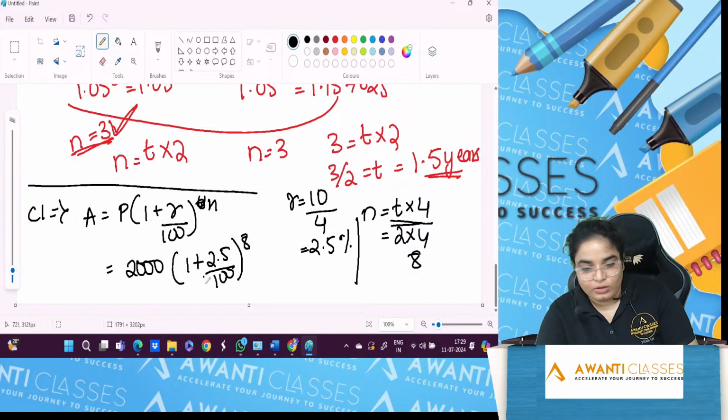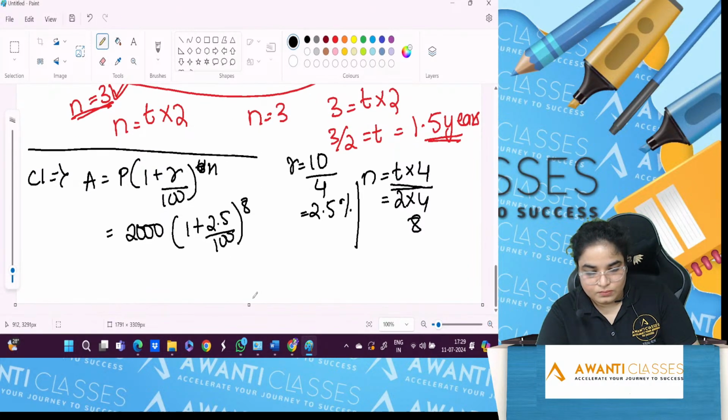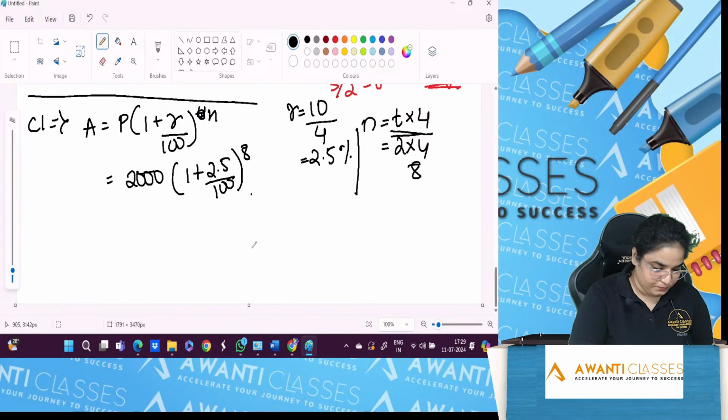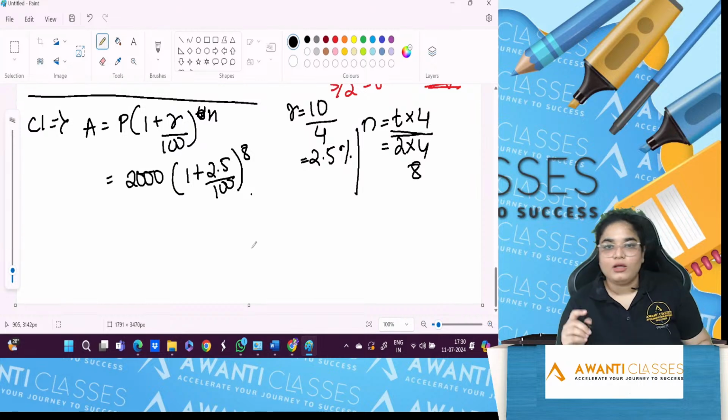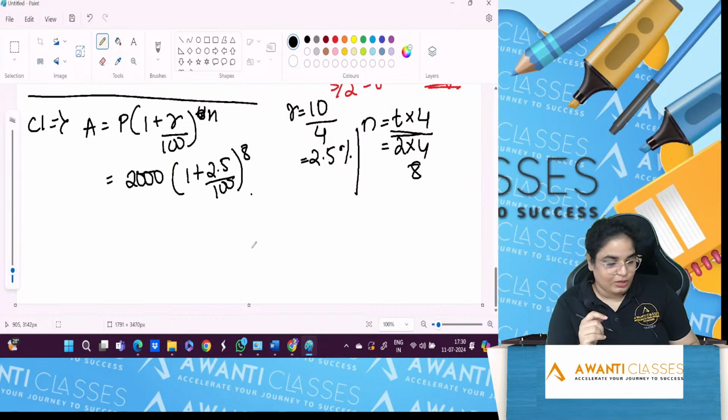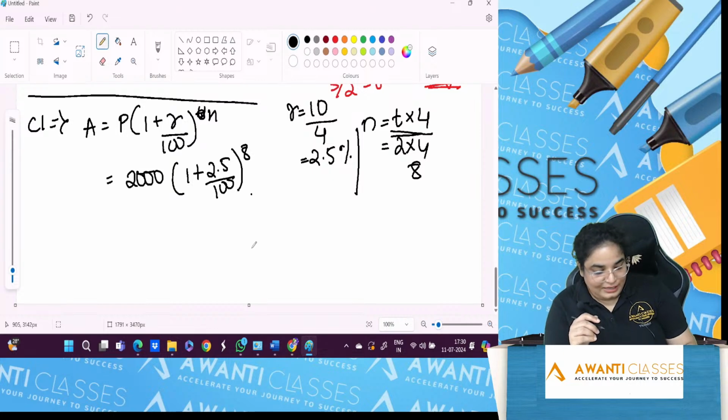If we solve this, we get 1.025, since you can just jump the decimals, to the power of 8.